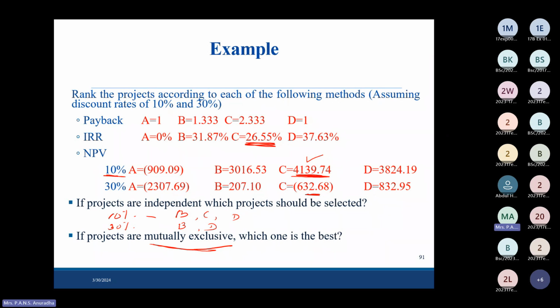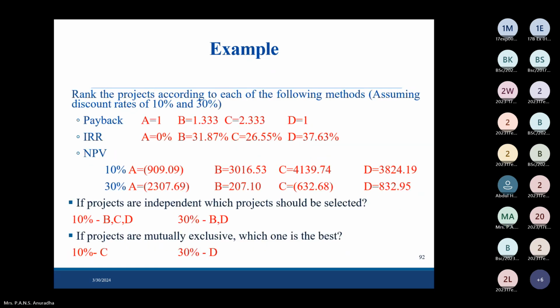At 30% cost of capital level, you have to go with project D. So likewise, you have to answer. You should have the capacity to compare projects and recommend. Just calculation is not sufficient; you should be able to recommend which one.